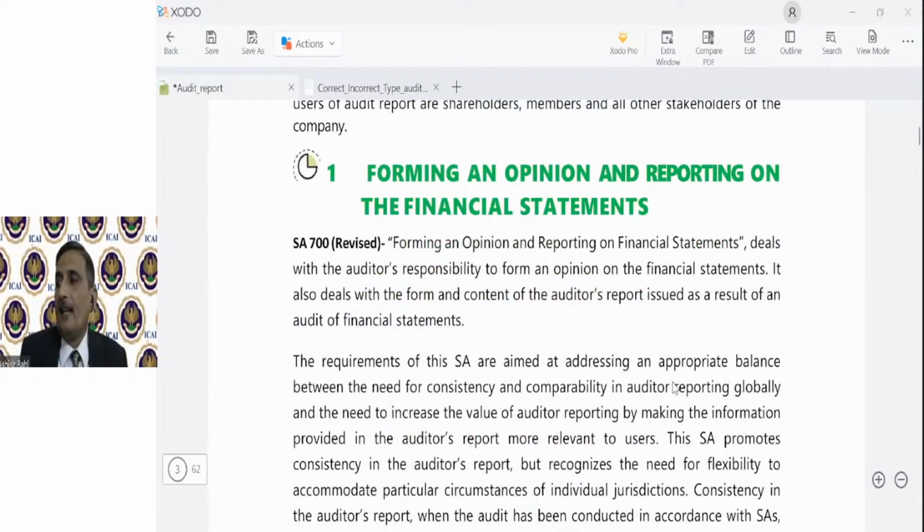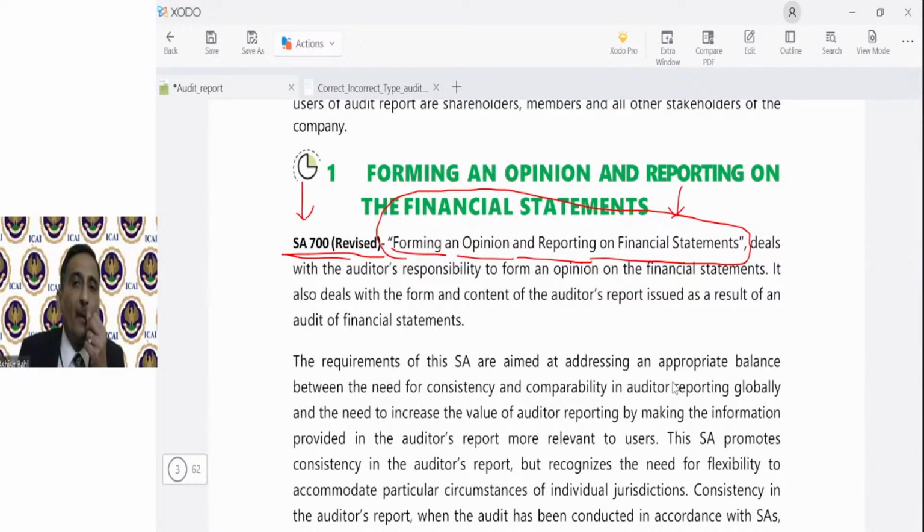So what does SA 700 state, guys? The name of SA 700 is Forming an Opinion and Reporting on Financial Statements. So the name itself makes things very clear: it relates to forming an opinion and reporting on financial statements. The auditor has carried out the audit.